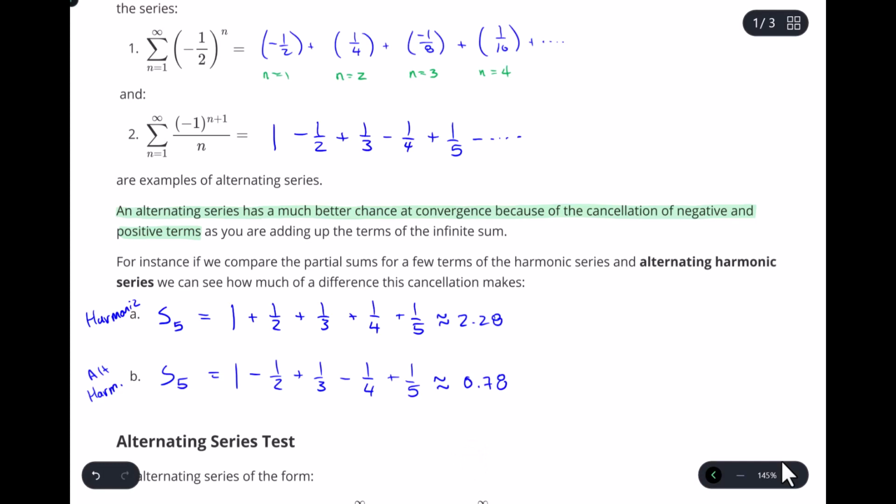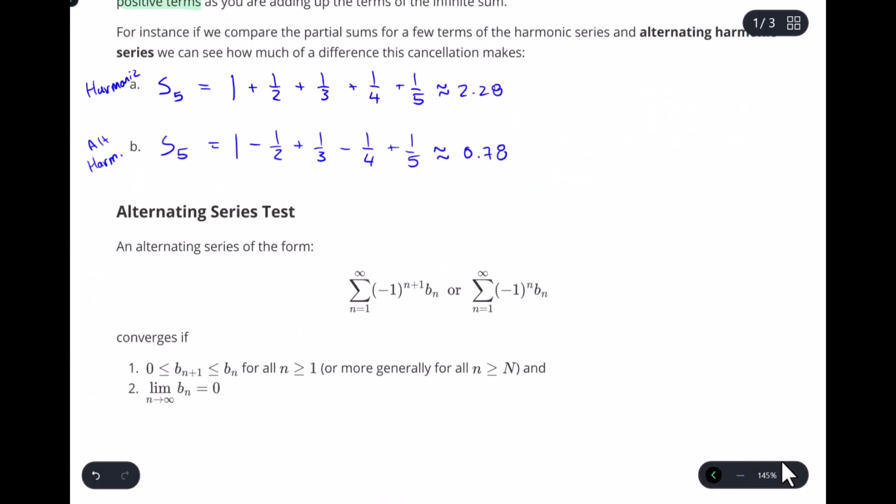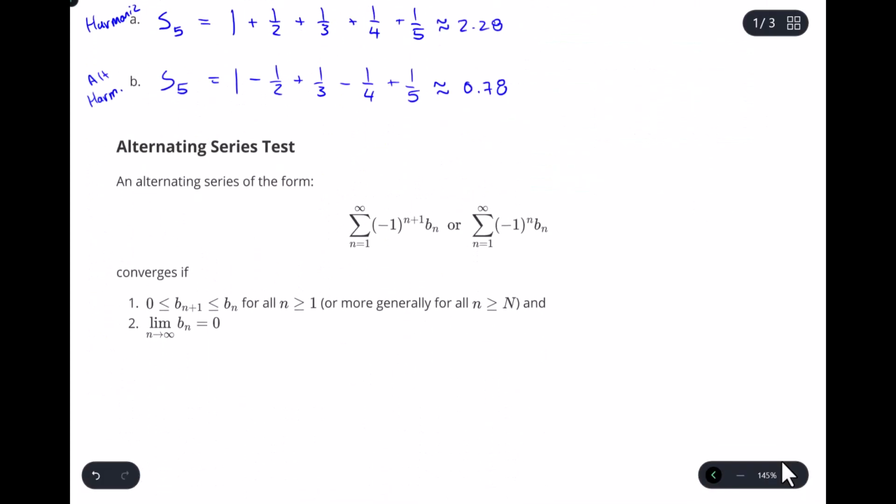You can see that this is much closer to converging. It's much more likely to converge than its non-alternating counterpart because of that cancellation. And that's why the alternating series test is actually a little bit easier than most to apply.